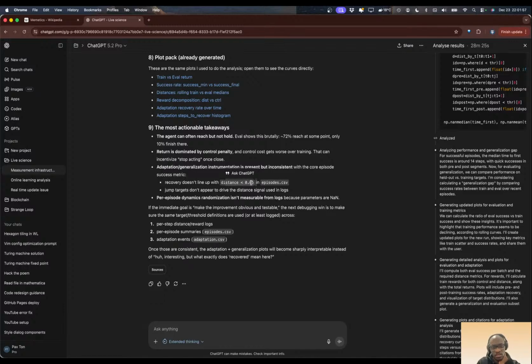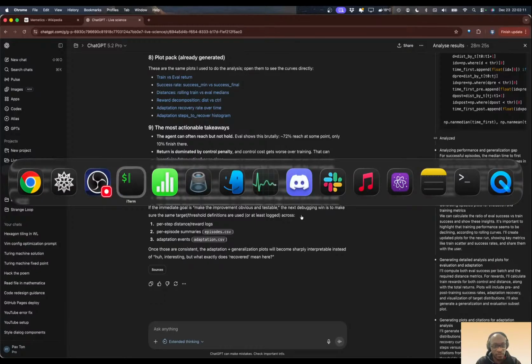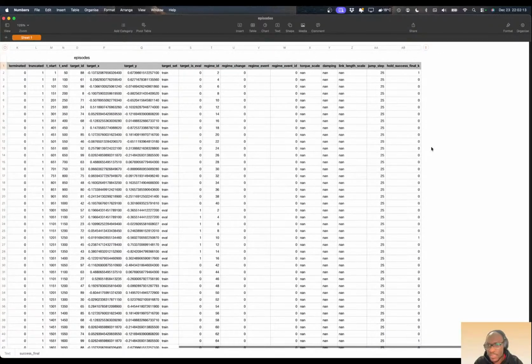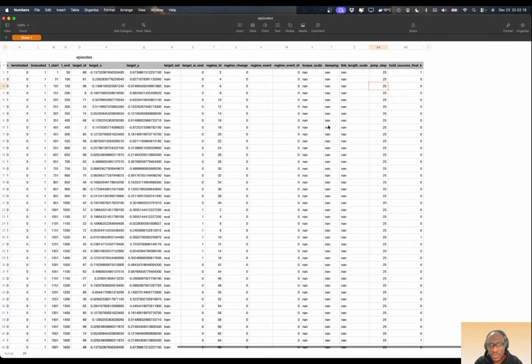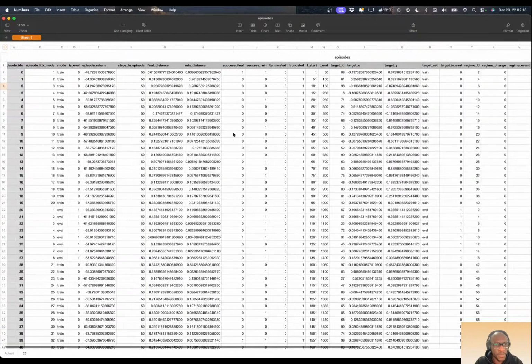So the threshold episodes, and I think dynamics randomization isn't measurable through logs because parameters are not. I think this is talking about some field. Which field? These two, maybe.